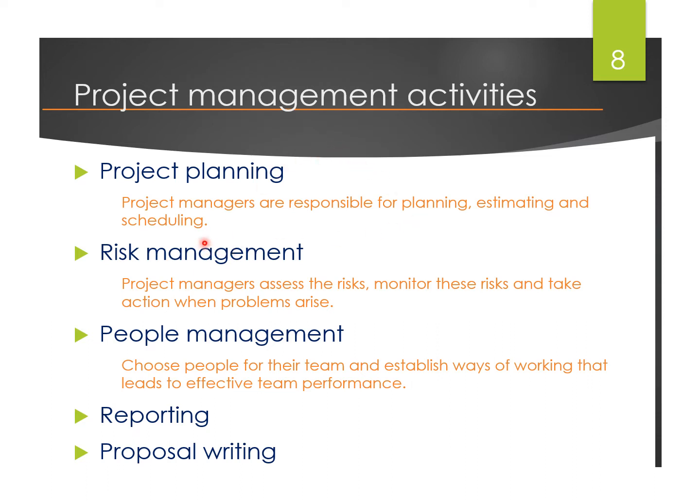The project manager needs to identify what activities are involved, how long they take, and what resources are used. Nowadays, most project managers dealing with software also take into account identifying the risk. Risks are things that can go wrong.